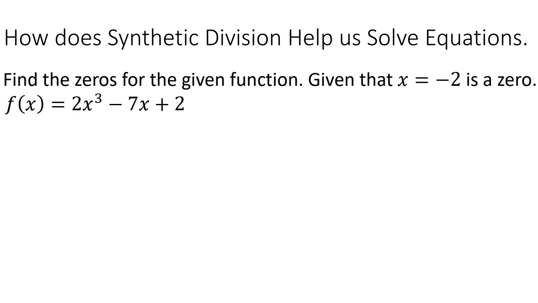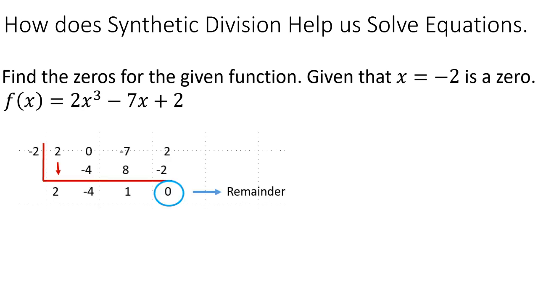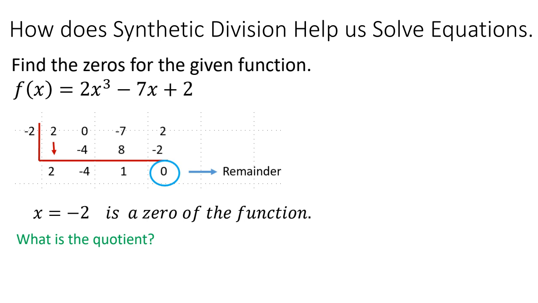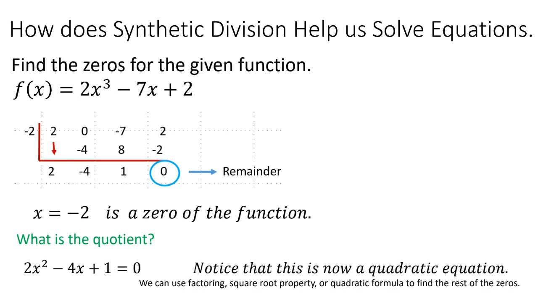So how will the synthetic division help us? Well, we saw that -2 was a zero of the polynomial because when I did the synthetic division, my remainder was 0. But the big help comes from doing the synthetic division, in that my quotient is now 2x squared minus 4x plus 1.